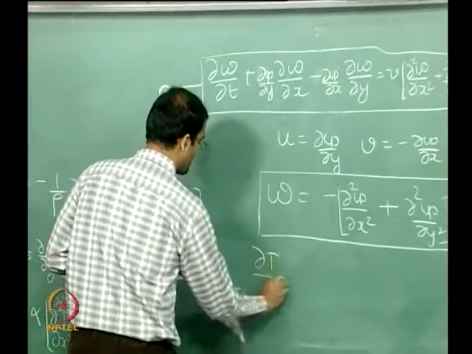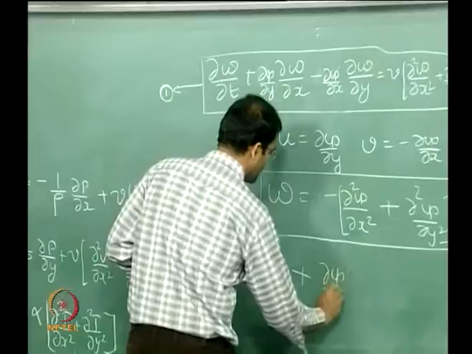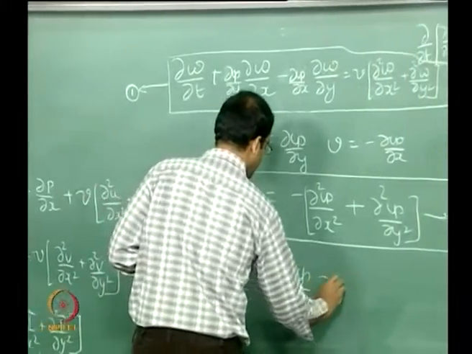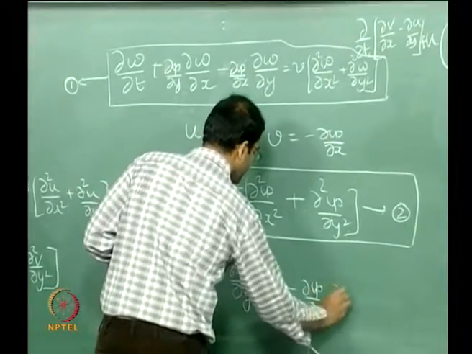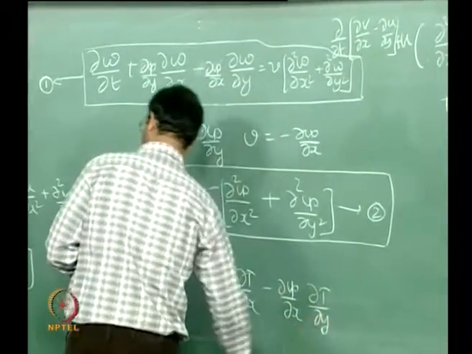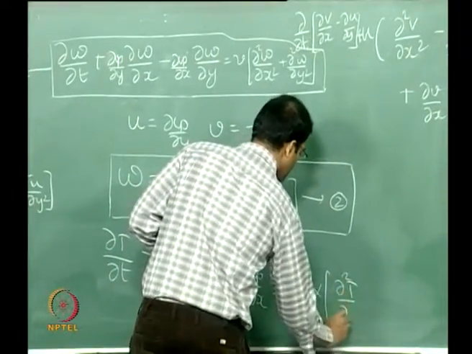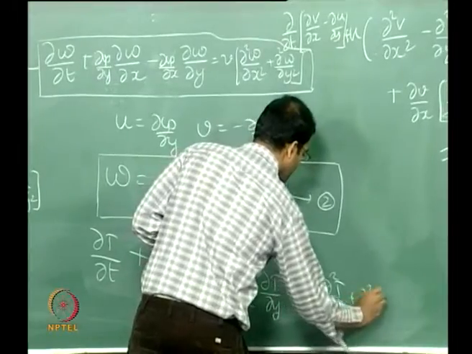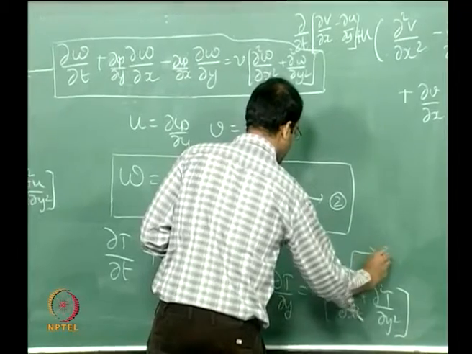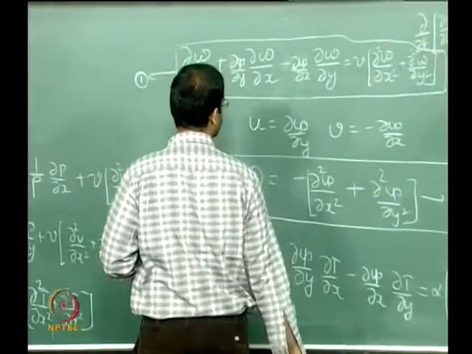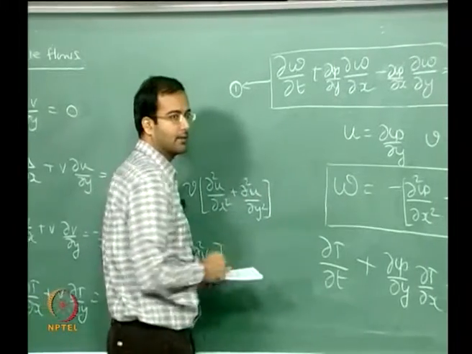So the energy equation becomes, you can substitute for u again in terms of the stream function, so this is your energy conservation, okay. So you solve three equations for three unknowns: omega, psi and temperature, okay.